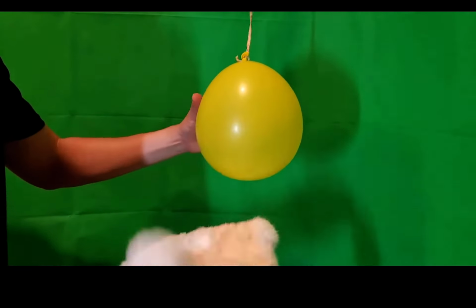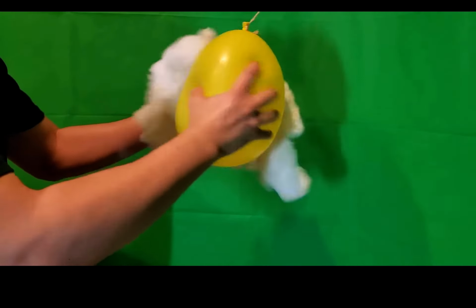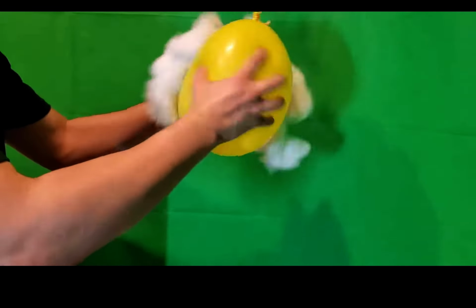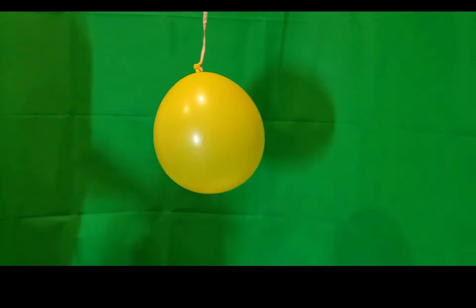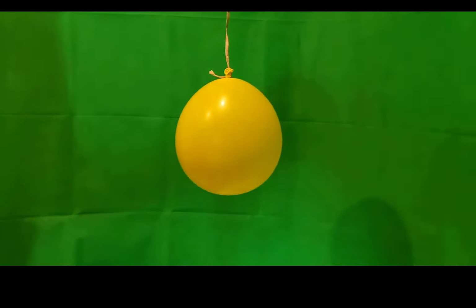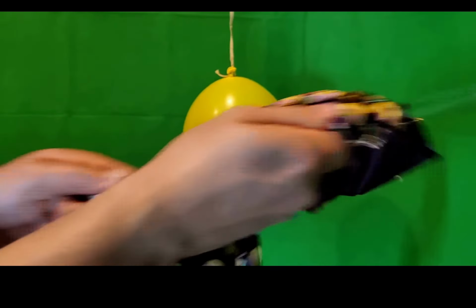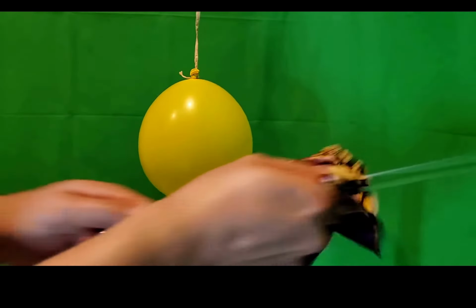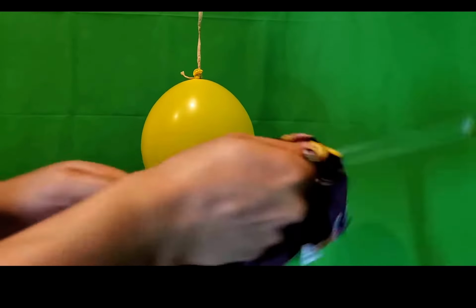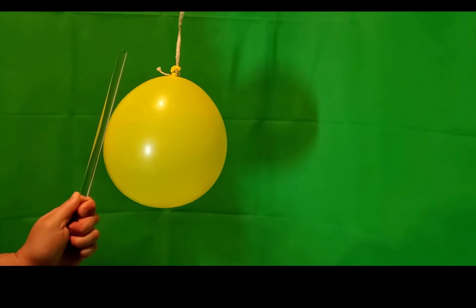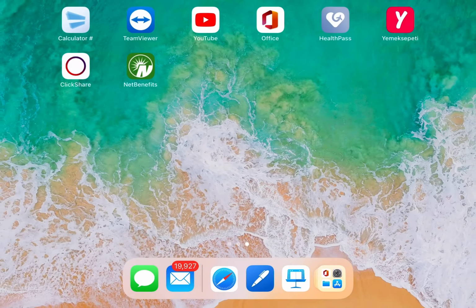So by rubbing this piece of cloth on the balloon, we're transferring electrons from this cloth to the balloon so that the balloon gets negatively charged, and afterwards we have the glass rod being rubbed onto silk. So you can see that electrons are being transferred from the glass rod to the silk. Now the glass rod is going to be positively charged, so positive and negative charges would attract each other. So that's exactly what we see in this experiment.